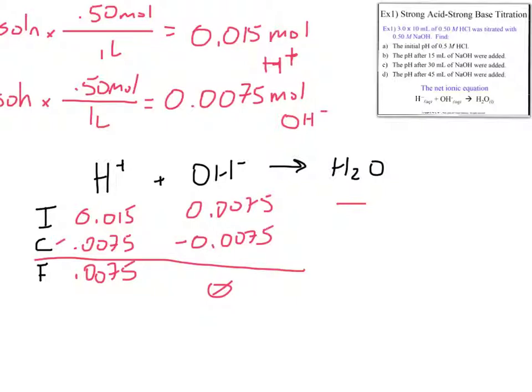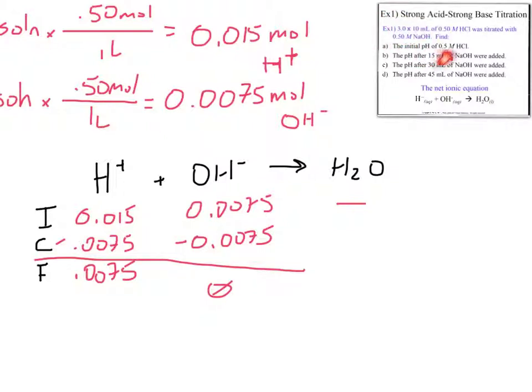Of course, we could figure out what the water is. We're looking for the pH, so all we really need to know is the H+. And now that we know that the H+ is 0.0075, we can get the pH. However, 0.0075 is the number of moles. For pH, we need to know the molarity. So we don't go with the original volume of the HCl, which was 30 milliliters.